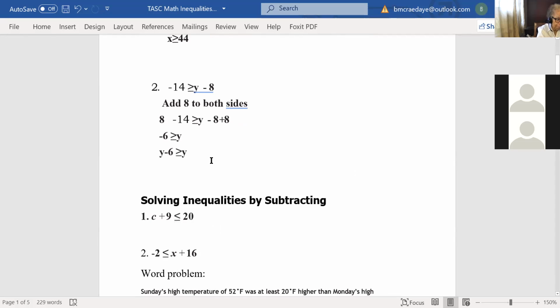So we can say y less than or equal to -6. So both answers, -6 greater than or equal to y, or y less than or equal to -6.